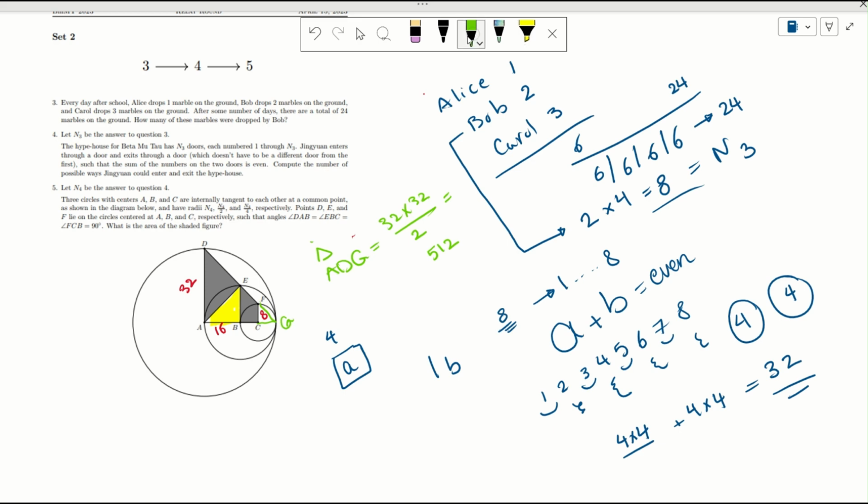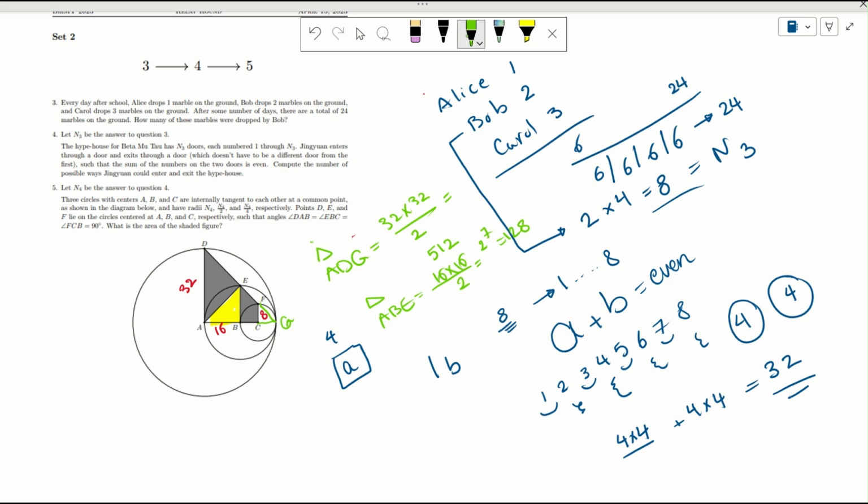The area of this yellow triangle can be written as 16 times 16 over 2, which is going to be 2 to the power of 7 or 128.